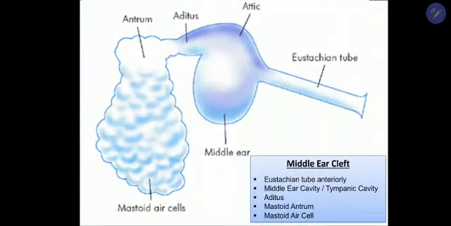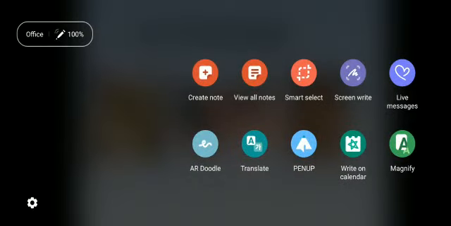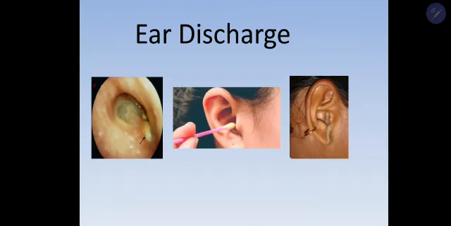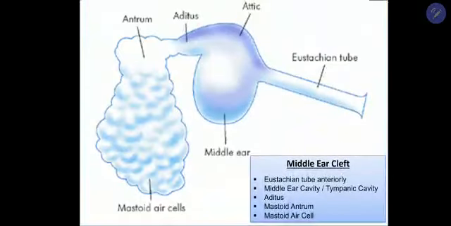Now imagine a patient sitting in front of you, facing his right ear towards you. This is the eustachian tube.